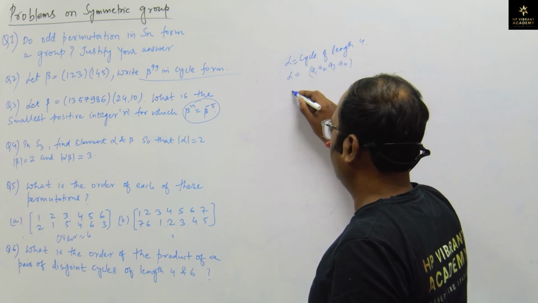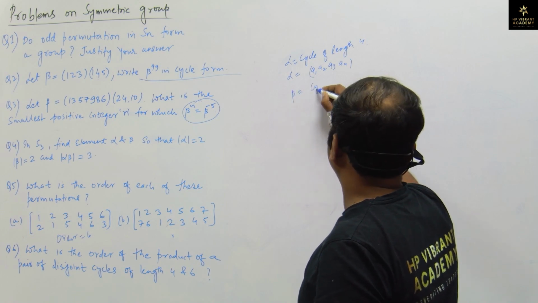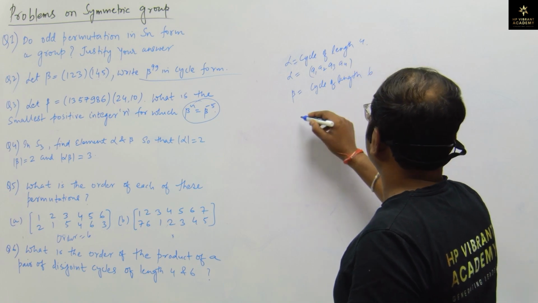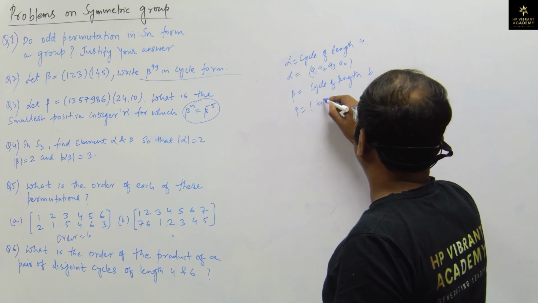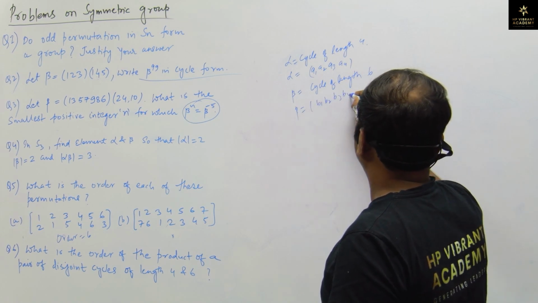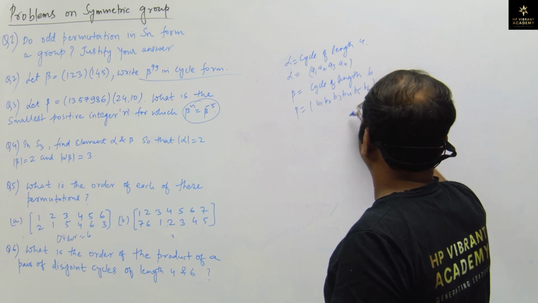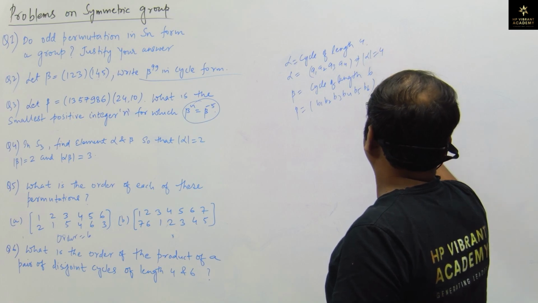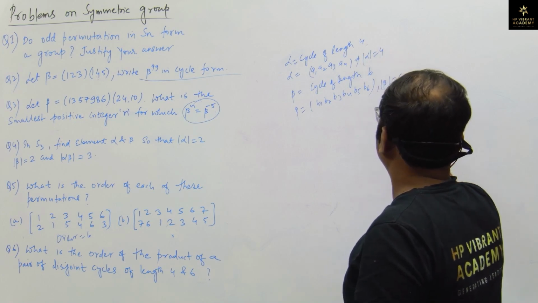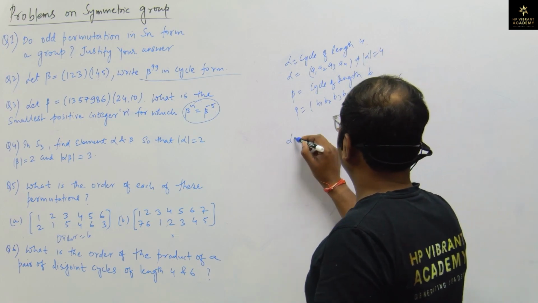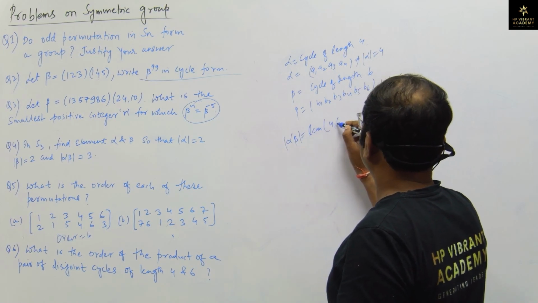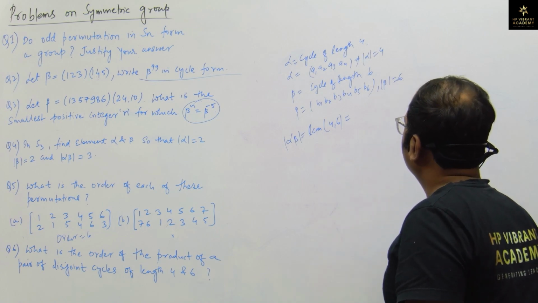Now let us take beta, a cycle of length 6. So beta is equal to (B1 B2 B3 B4 B5 B6). So the order of alpha will be 4 and the order of beta will be 6. So the order of alpha beta is equal to LCM of 4 and 6, which is 12.